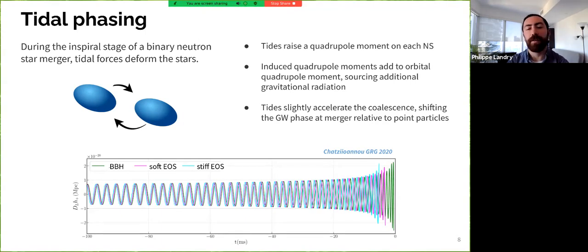And because gravitational waves are sourced by time-varying quadrupoles at lowest order, basically, in addition to the orbital quadrupole moment from having two masses orbiting their common center of mass, the tides set up two smaller quadrupole moments on each of the neutron stars, which are just going to add to the total quadrupole moment of the system.